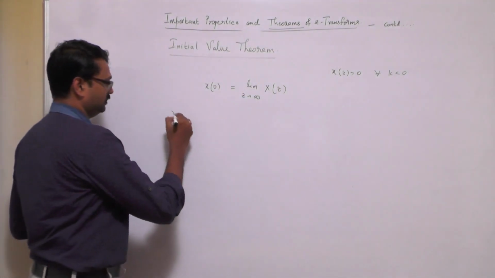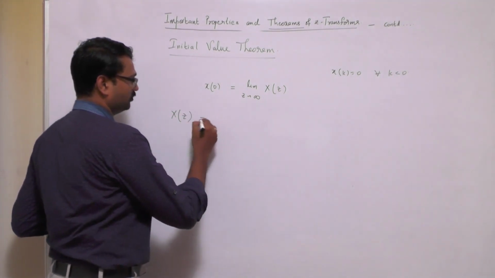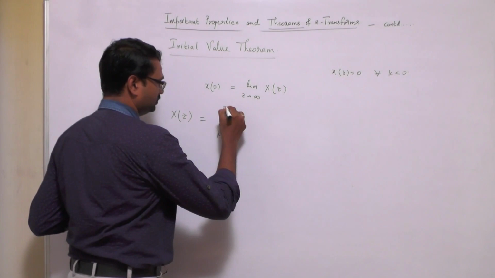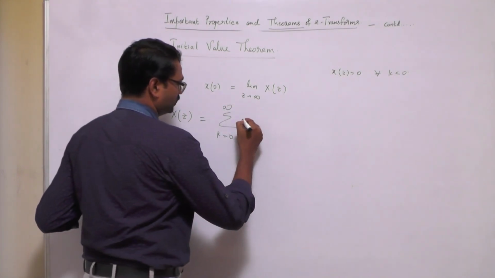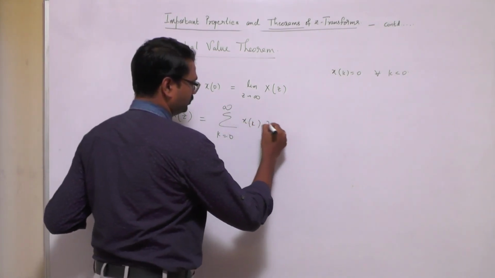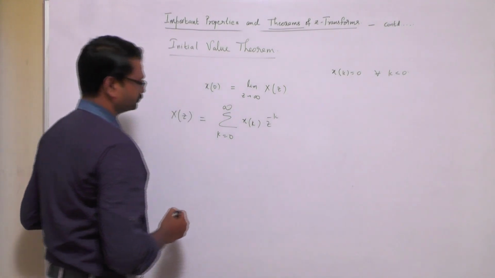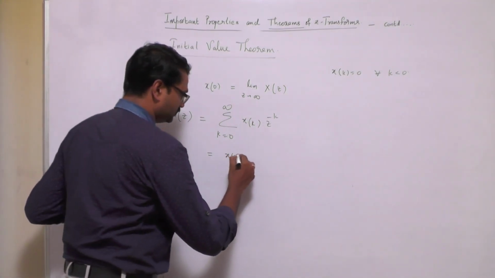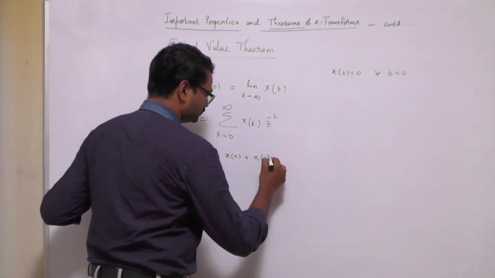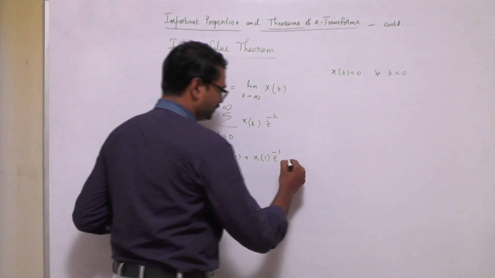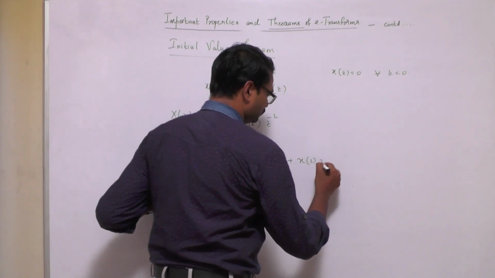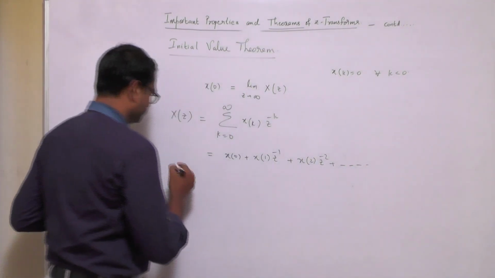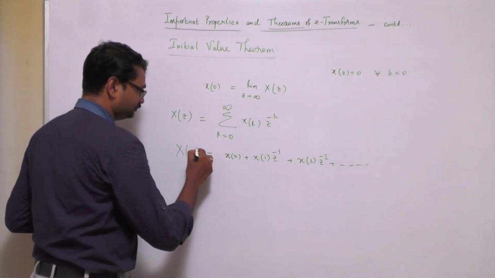Now let us say what is x of z. By definition, sigma k is from 0 to infinity x of k z power minus k. When I elaborate this, I will have x of 0 plus x of 1 z power minus 1 plus x of 2 z power minus 2 plus so on up to infinity, which is x of z.